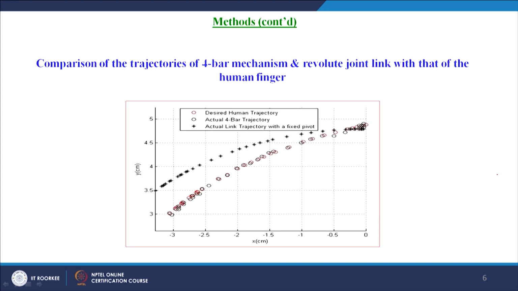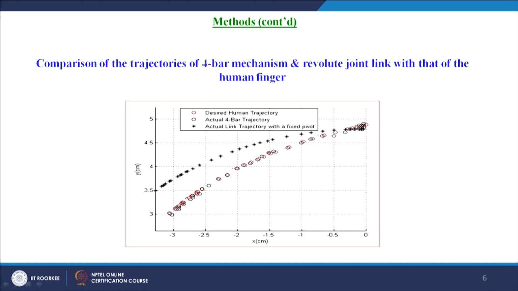Now we compare the human phalanx trajectory with that of a link made up of a revolute joint and with that of the 4-bar mechanism. You can see that the red trajectory is the one traced by the human phalanx having instantaneously varying joint centers, and when that trajectory is traced by a link with a revolute joint, that is a link with a single point joint, the error increases because the traversing path deviates more and more until the end point.